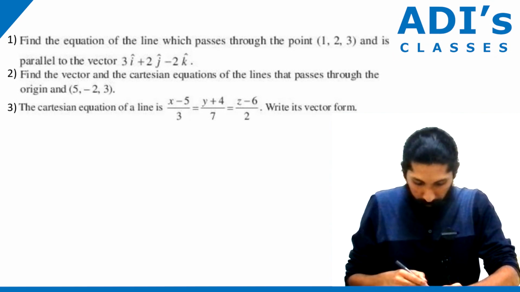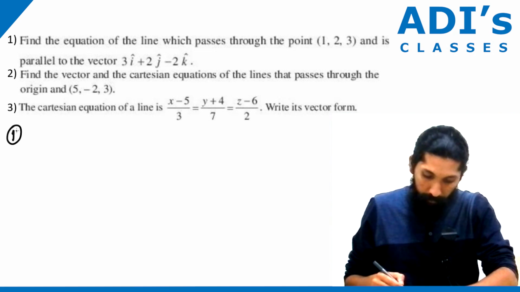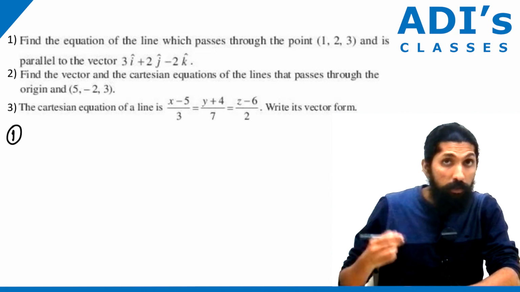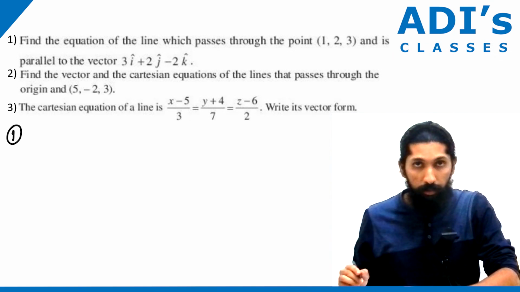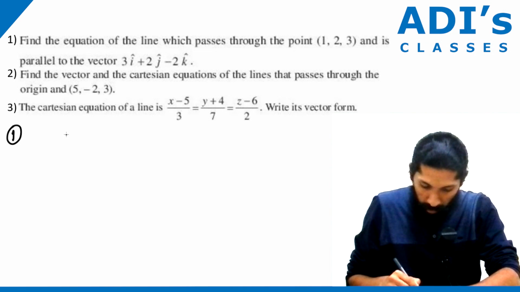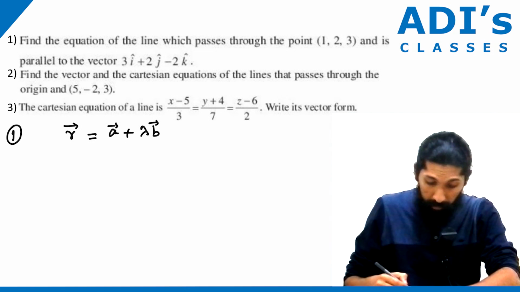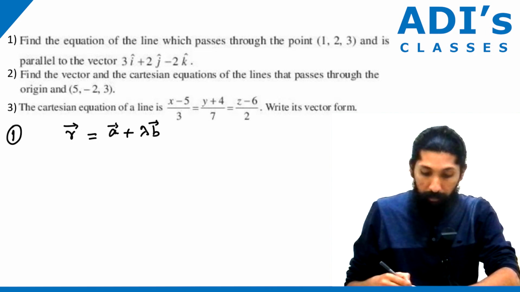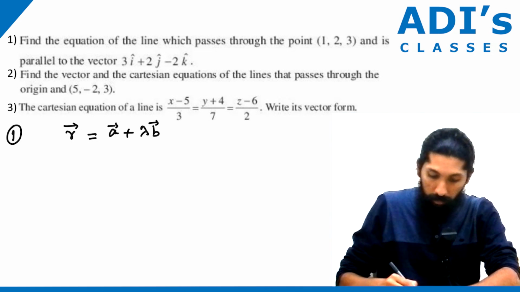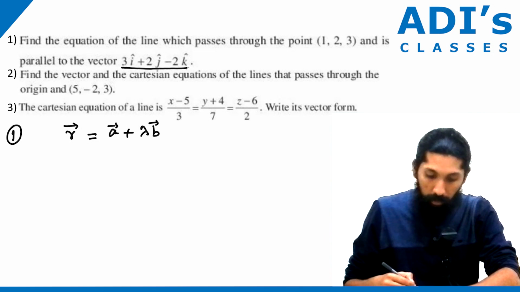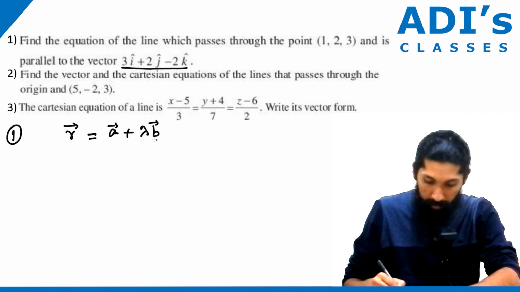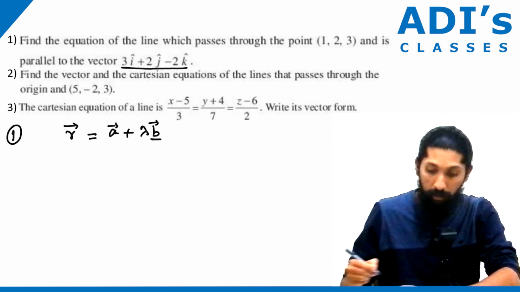Now here, the first question. We know how the equation of the line is going to be. The equation of the line is r is equal to a plus lambda into b, correct? Since they are telling us it is parallel to the vector 3i plus 2j minus 2k, whatever that i, j, k value is, we are going to write the same thing here, correct?